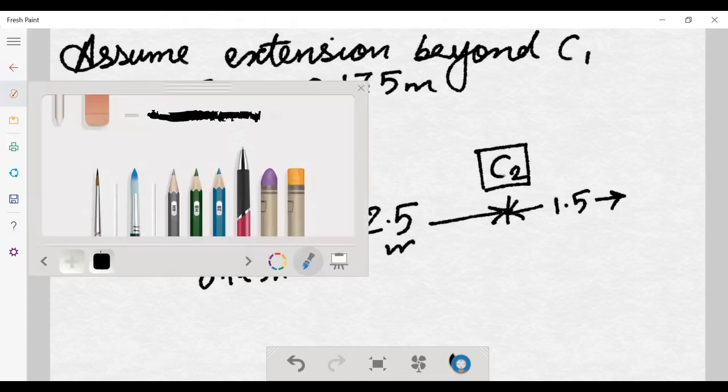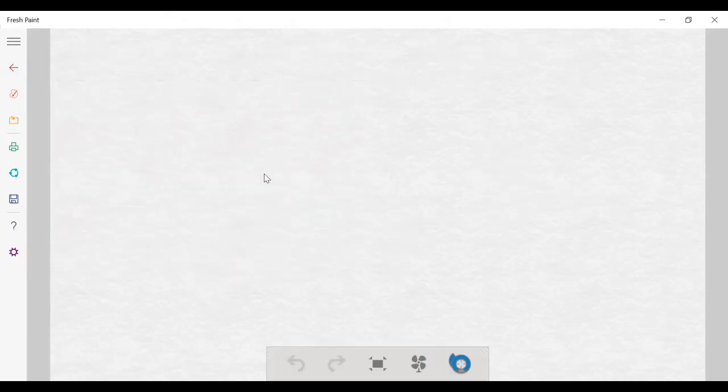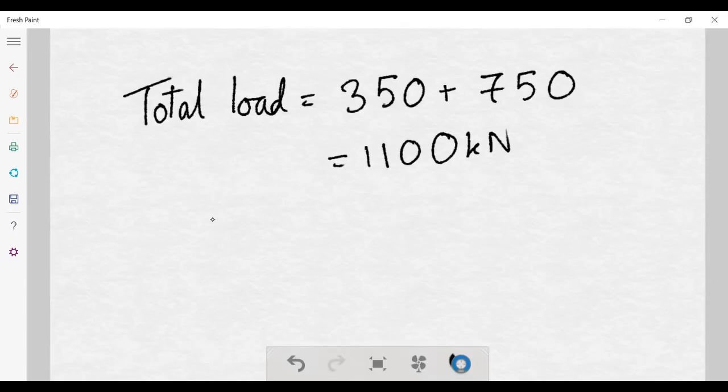So now, total load we know. Yes, one thing I forgot: when you find out the area required, you also have to add self weight along with the total load.